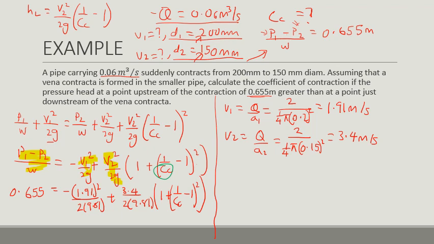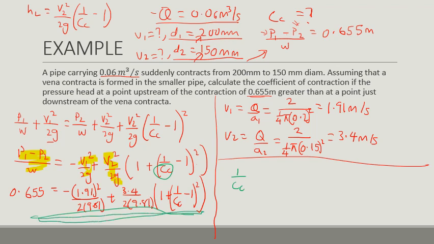I won't solve it step by step. I believe that this is just simple arithmetic. When you solve this expression further, you carry this to the other side, subtract, then divide.